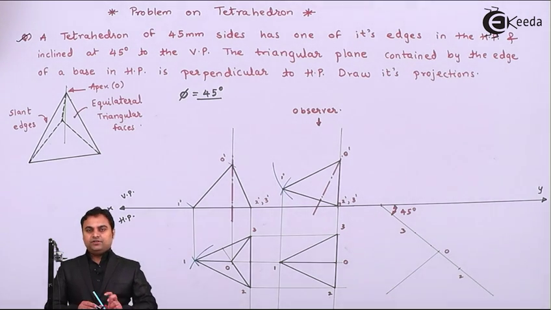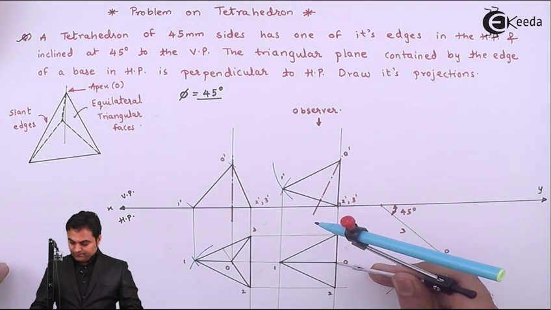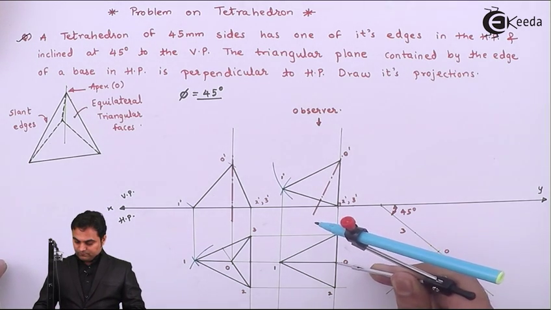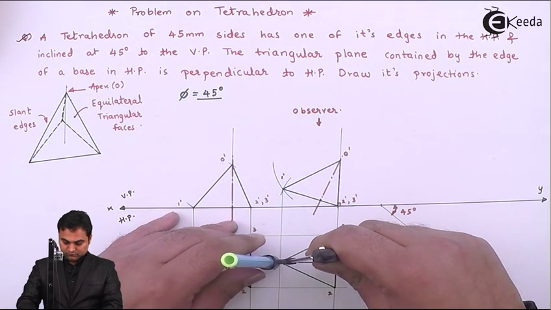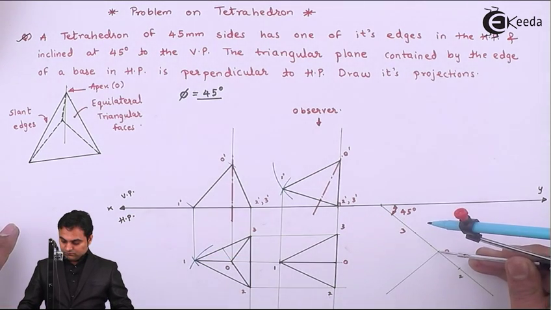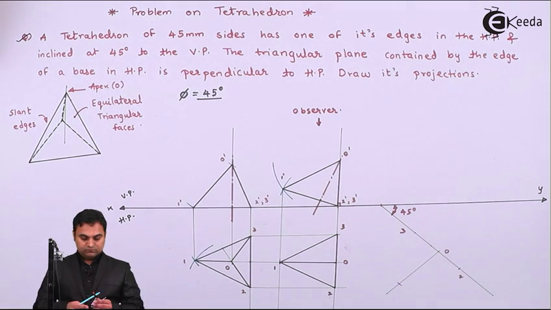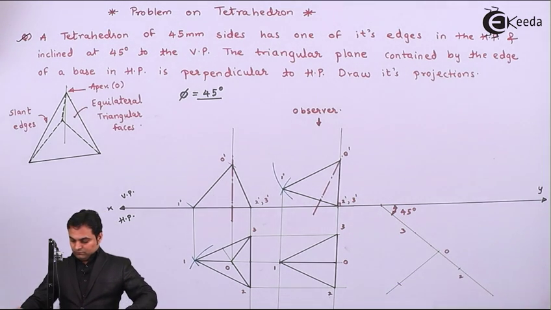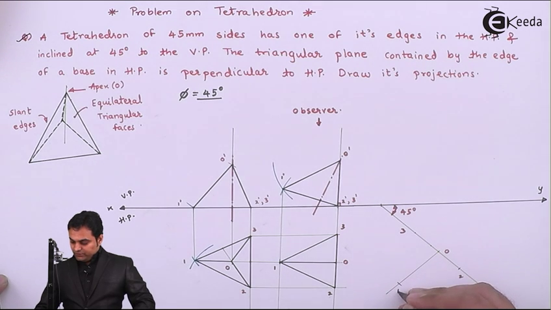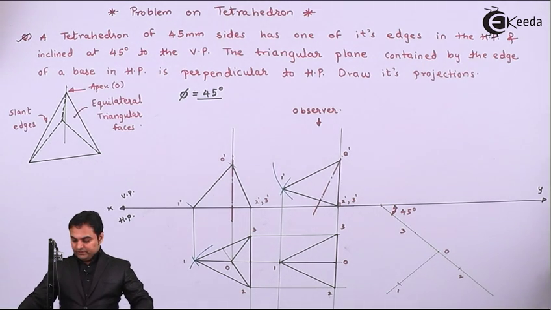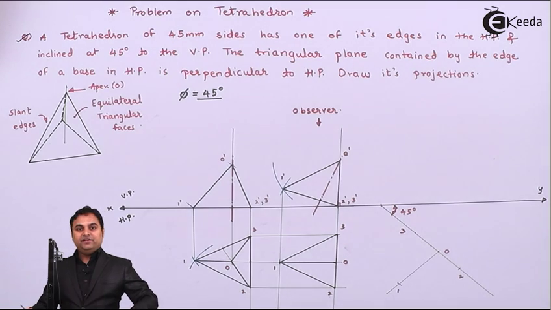Next, measuring the distance from point O to 1. So here is point 1. Connecting all the points with the help of a light line first.